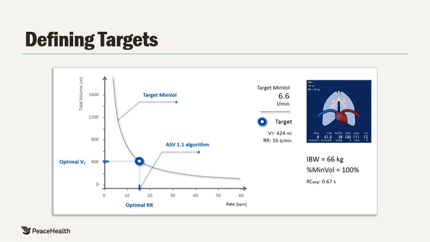In this example, ASV has run its algorithms, including monitoring the RCEXP at 0.67, which is in the normal range, then generated a target respiratory rate of 16 and a tidal volume of 424, which happens to be 6.4 mL per kilogram of ideal body weight.